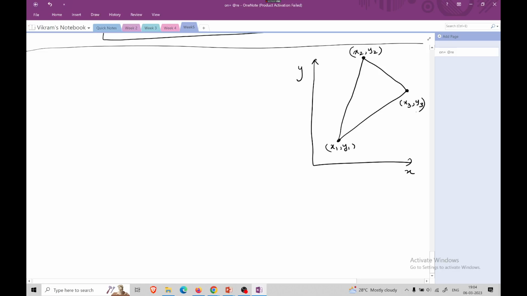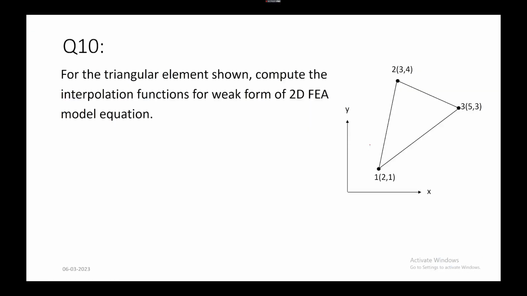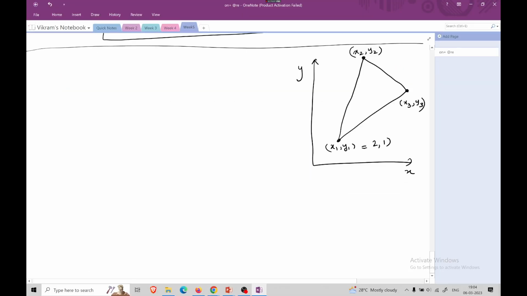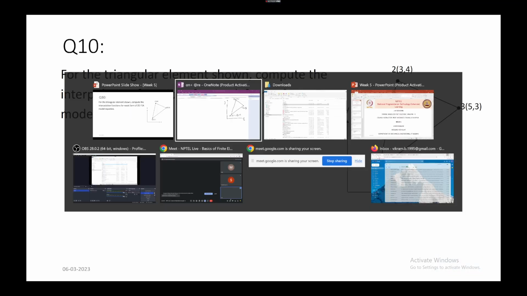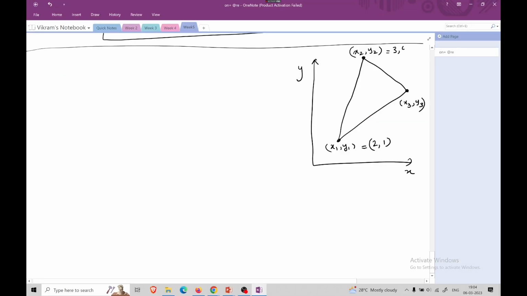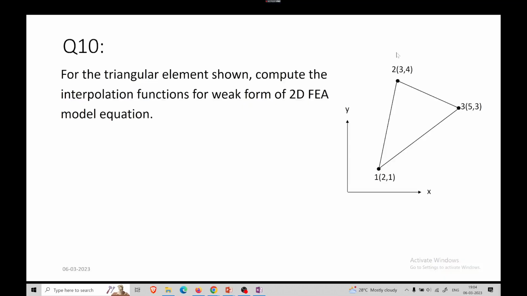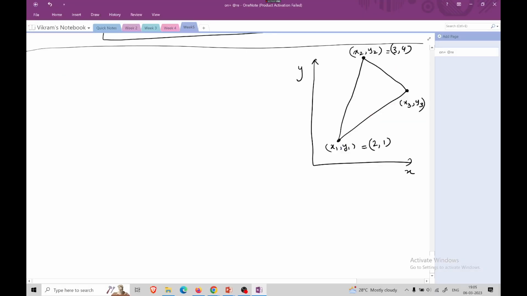Okay, so what were these points? The first point was 2 comma 1, second point was 3 comma 4, third point was 5 comma 3.